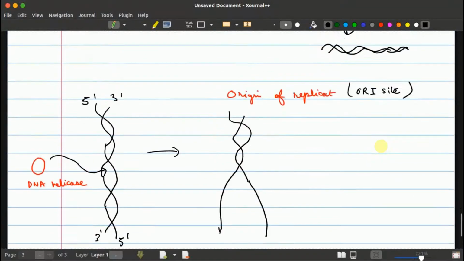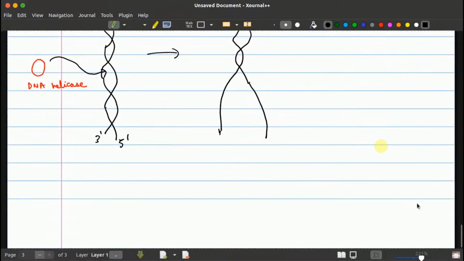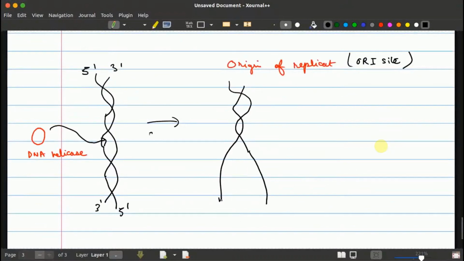It's easy to understand. The DNA is actually unraveled below, but we don't need to care about that. Replication is only happening in this direction. So now our helicase has uncoiled it for us. The first step was uncoiling.